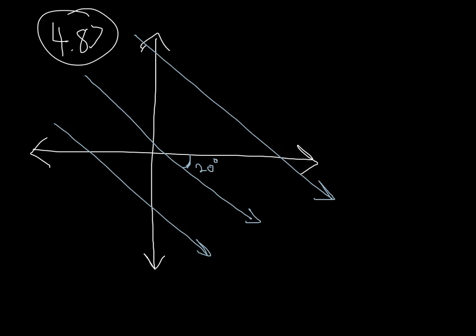And I have a ship. My ship, I'm going to aim. What direction am I going to aim my ship? North. Aim my ship directly north, due north. So that's going to be V of my ship. And blue is V of my water.